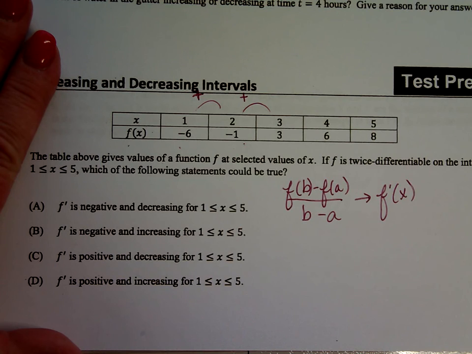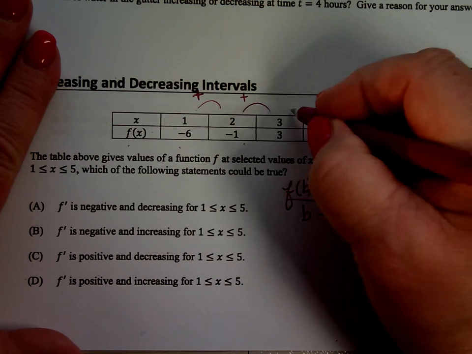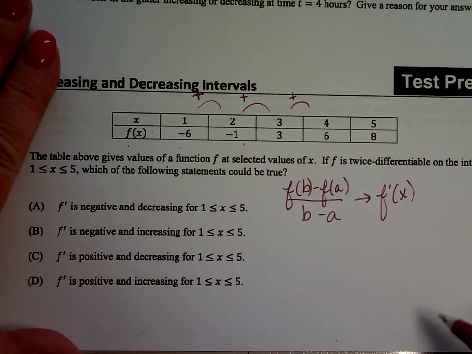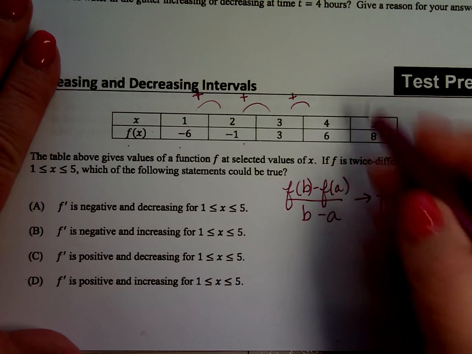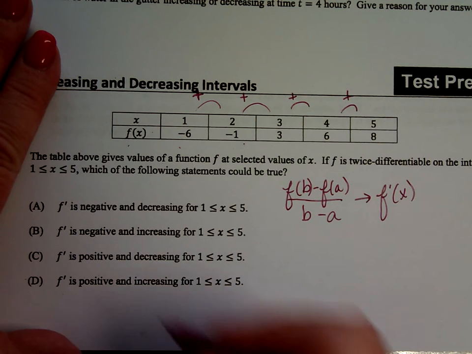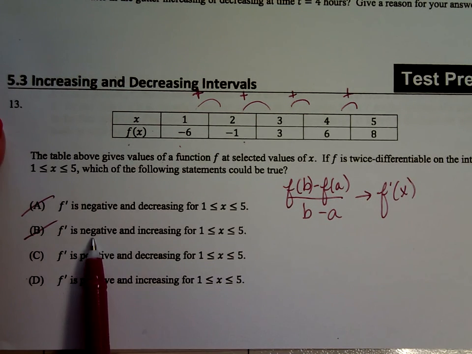If I take 6 and 3, I get 3 over 1, so this is positive. And if I take 8 minus 6, that's 2 over 1, so that's going to be positive. So all of my slopes are positive. In other words, I can get rid of A and B, because those are negative situations. So it's either this or this.